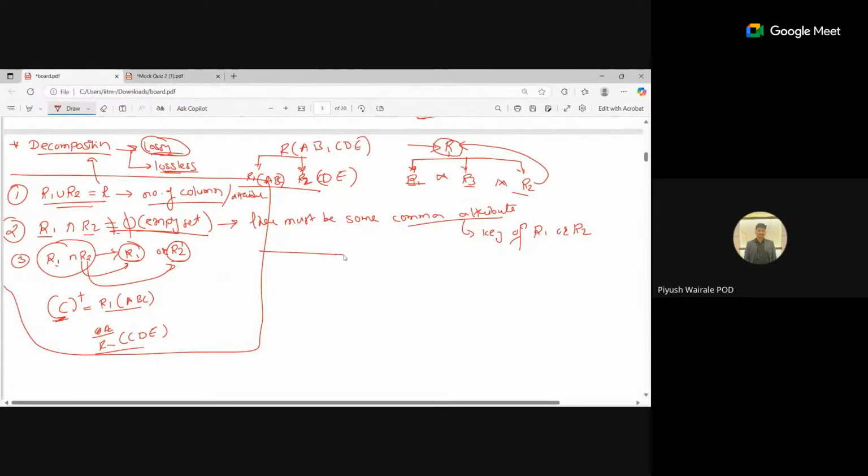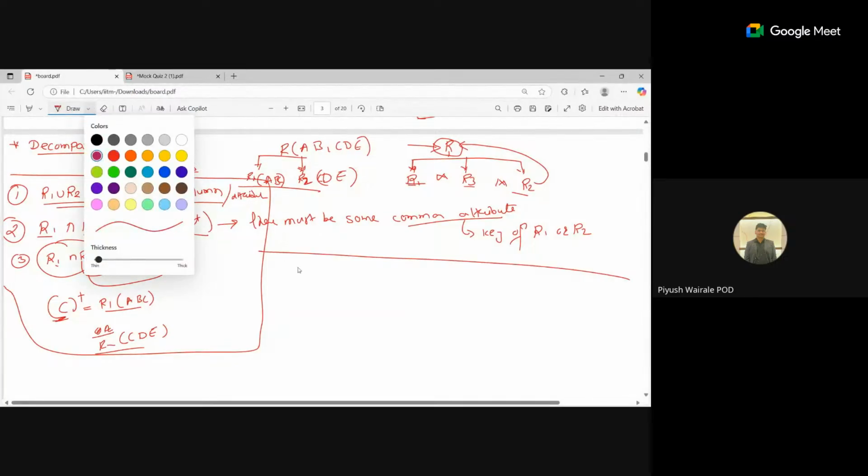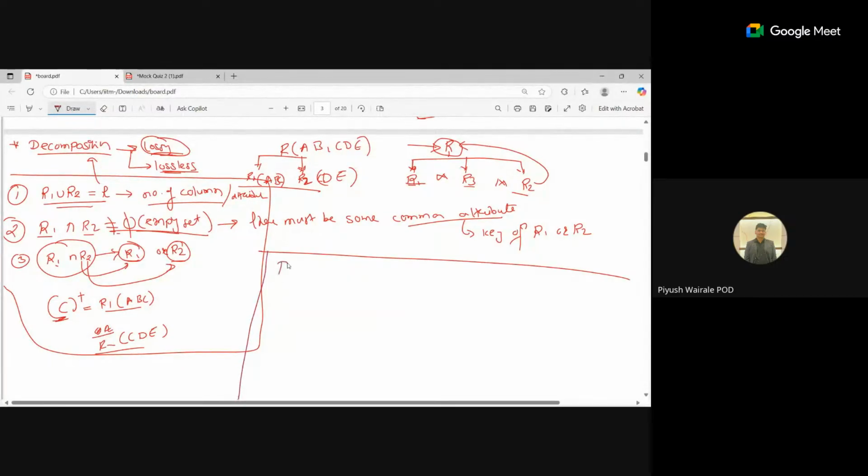Now then we have one more concept of dependency preserving. Now what is the dependency preservation here?